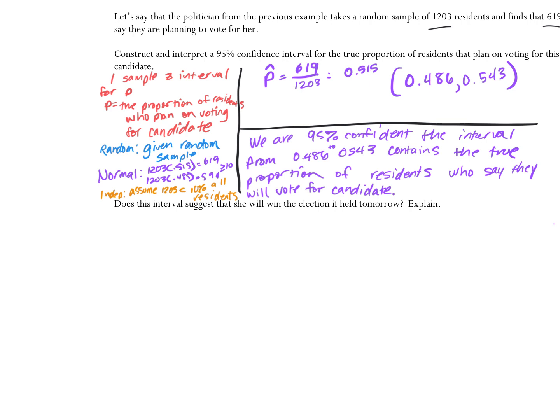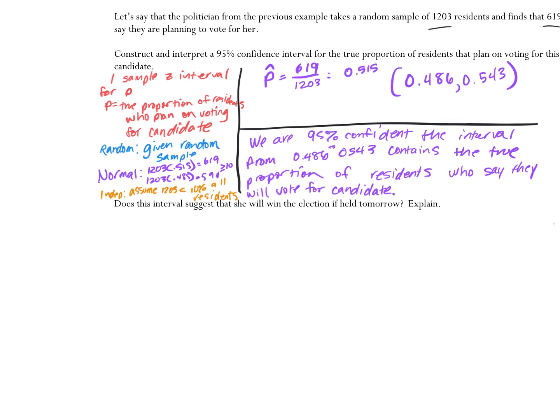So if the election was held tomorrow, knowing this interval, can we say that the candidate is going to win? Maybe. Can we say that the candidate is going to lose? Maybe. What would this interval need to look like for us to be able to say that the candidate is going to win?